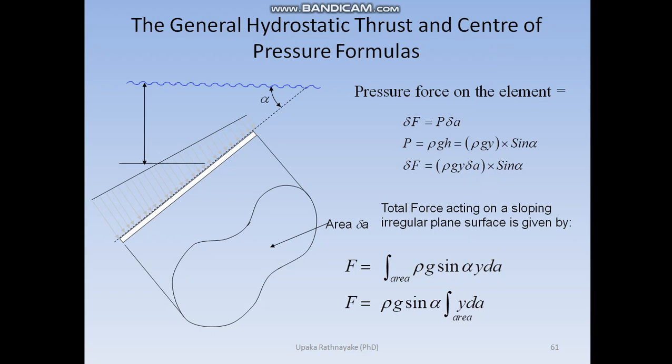Let us start with a generic diagram which is inclined under the liquid column, that is not closer to the free surface, and also it has an irregular shape A.